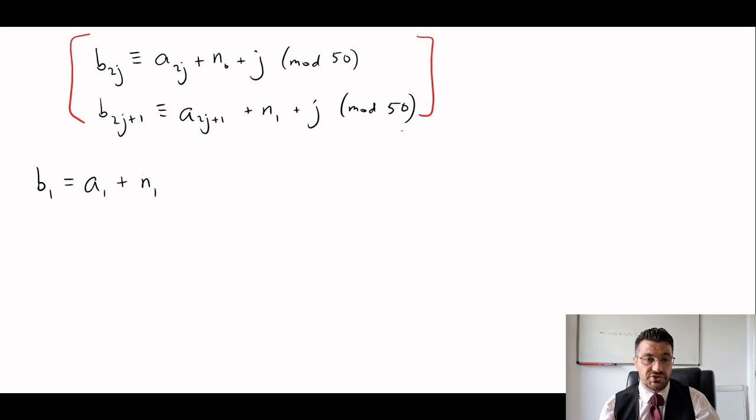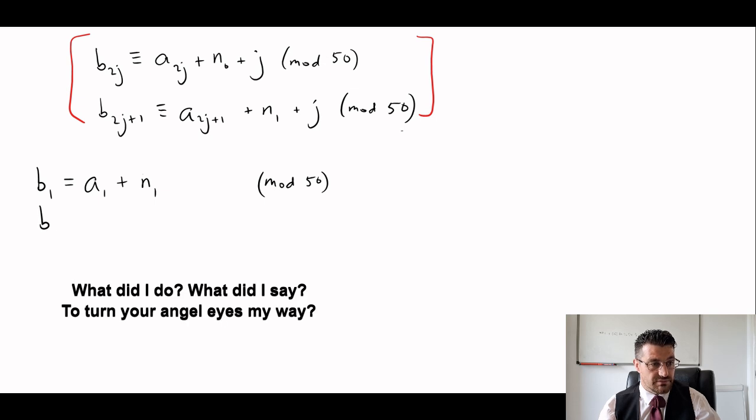And this is modulo 50, right? And I'm probably not going to keep writing modulo 50 all the time. I'll write it for this one, but it's going to be fairly well understood that we're dealing with modulo 50 for these calculations. So B2, this is the case now where j is equal to 1.